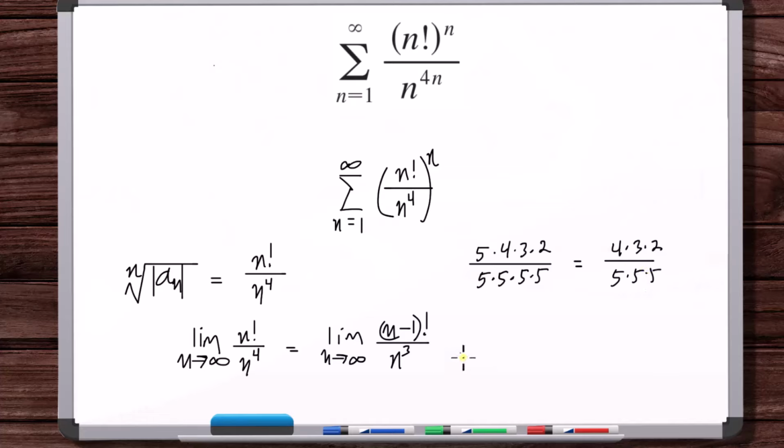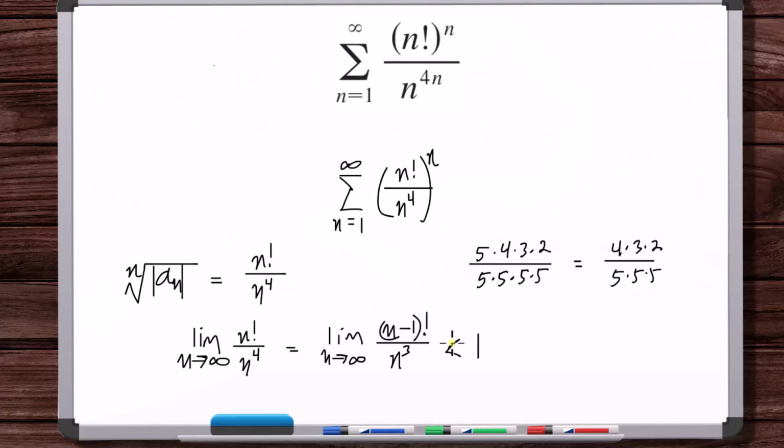Now, does this limit go to 0? Does this limit go to 0.2? We don't know, but it's for sure going to be less than 1. Well, you might say, what if it's negative infinity?